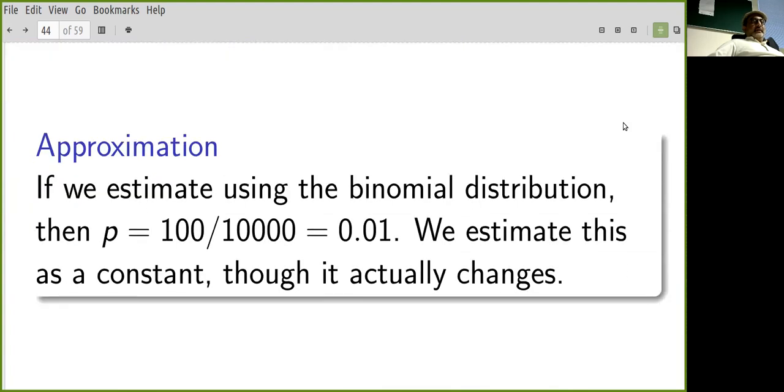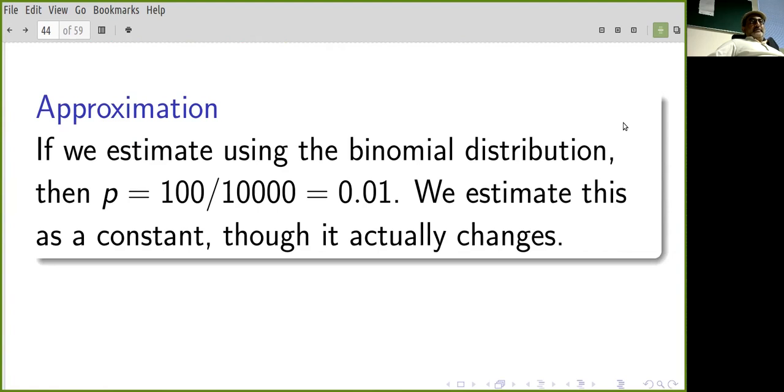Okay. Well, if we estimate using the binomial distribution, then p is small k over capital N. Small k would be the 100 defective widgets, right? Here, success is finding a defective widget, right? It's 100 divided by 10,000, which is 1%.